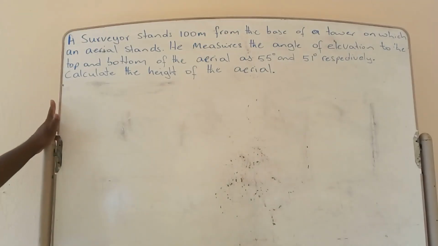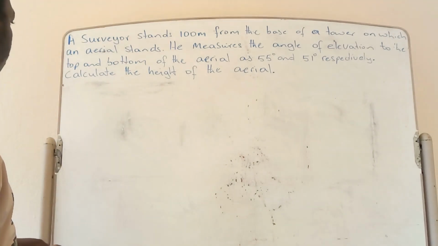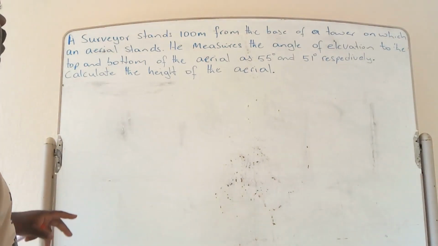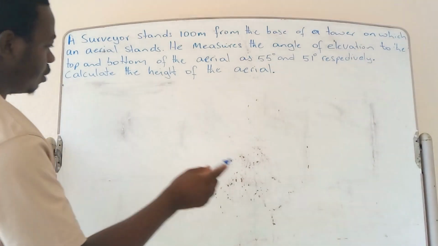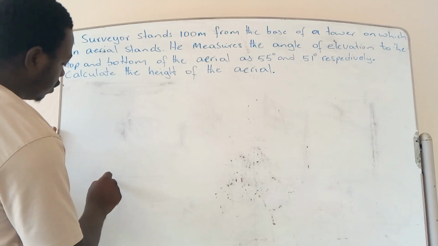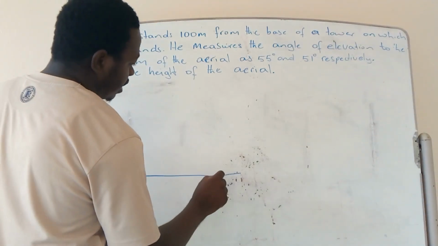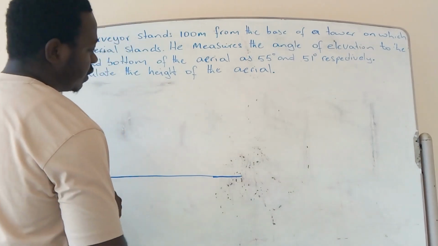Again, it is best to draw this problem. So if you sketch it out, we know that a surveyor stood from the base of a tower on which an aerial stands, right? So we know both of them are on level ground, so it's always best to draw a level ground. So let's say that this is our level ground here, right?